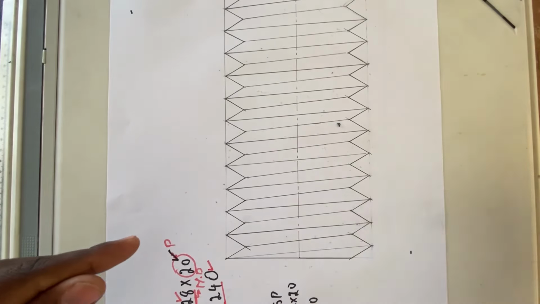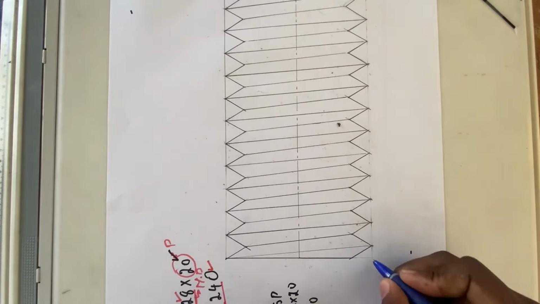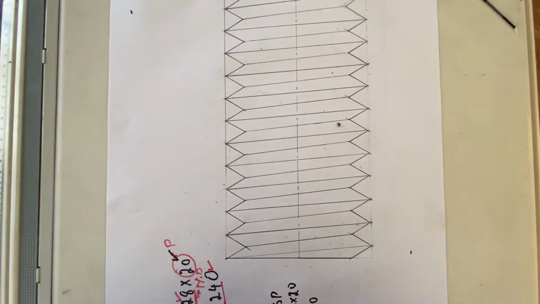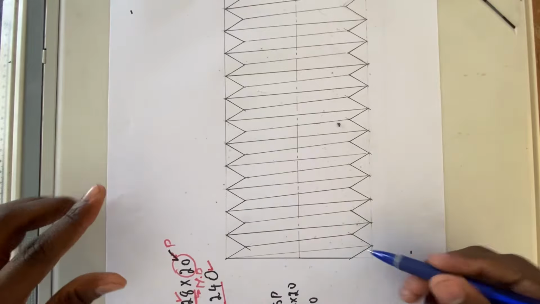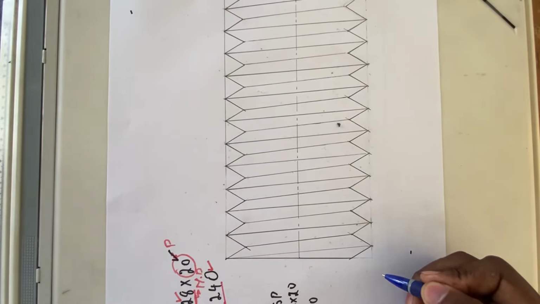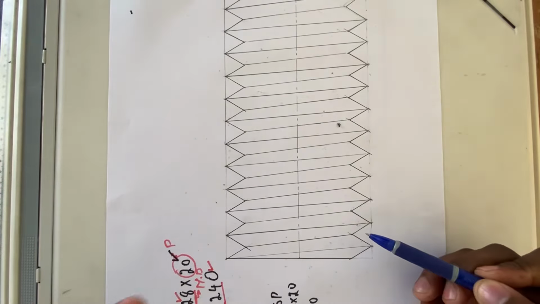They are slanting to the left, but the 0.5 pitch is on the right. So you put your 0.5 pitch on the right. If you are doing a right hand screw thread, the lines will slant to the left.